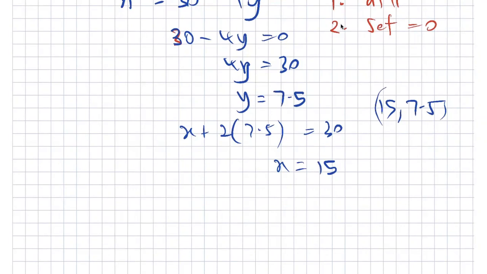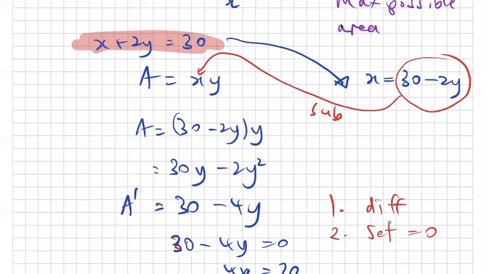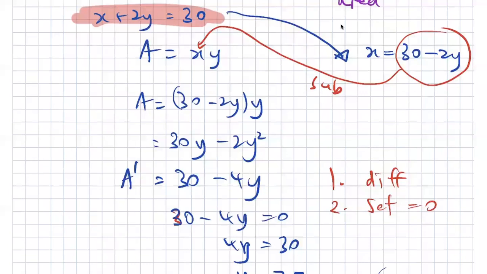Now, but what is it? Because I want a maximum. So we can't always assume that that's a maximum. So how do I know it's a maximum? Well, if we go back and have a look at this function here, and this is the function that we created, I can put an A in there even, then that is an upside down parabola. I know it's an upside down parabola because the highest power is the square here.